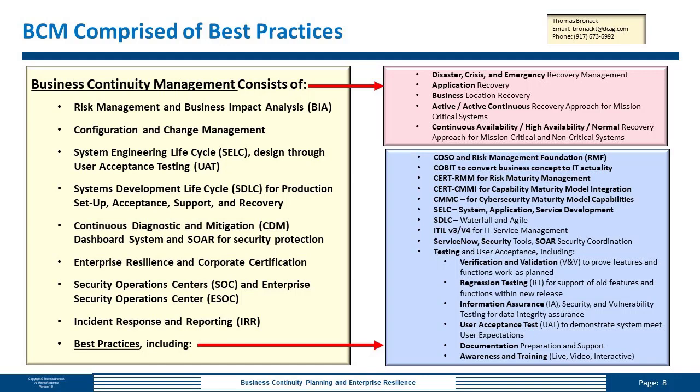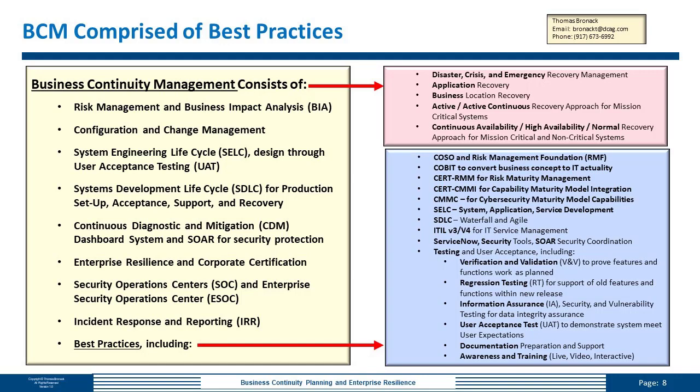5. Utilize continuous diagnostics and mitigation to capture cybercrimes and technology threats, and a security orchestration automation response product to combine cyber tools into a cohesive system to more rapidly identify threats and cybercrimes that may require a recovery plan activation. 6.